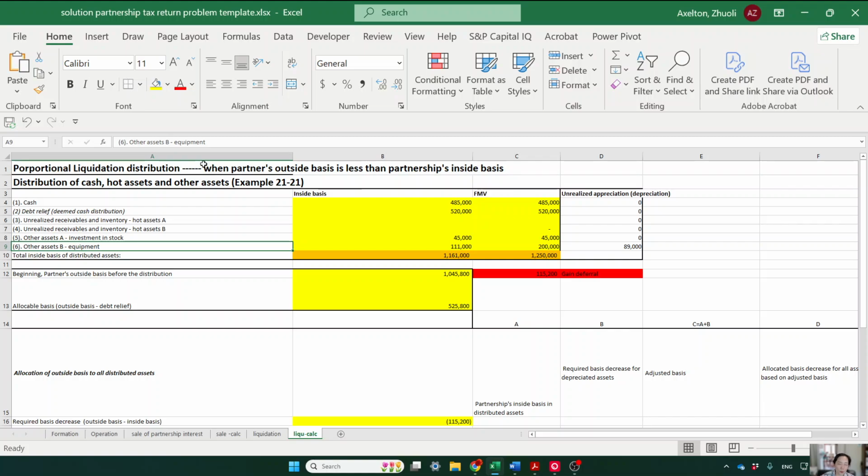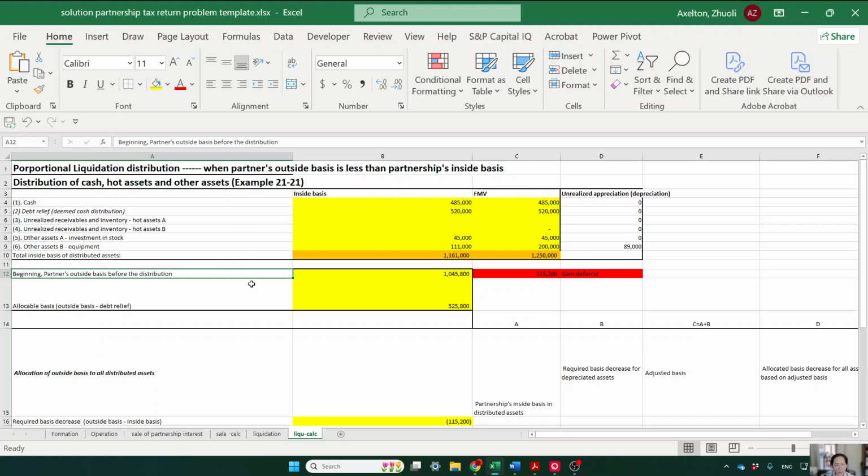One of the two distinctive scenarios is when the partner's outside basis is less than or greater than the partnership's inside basis. That's the first thing we need to determine, because that will determine which template you're going to use.